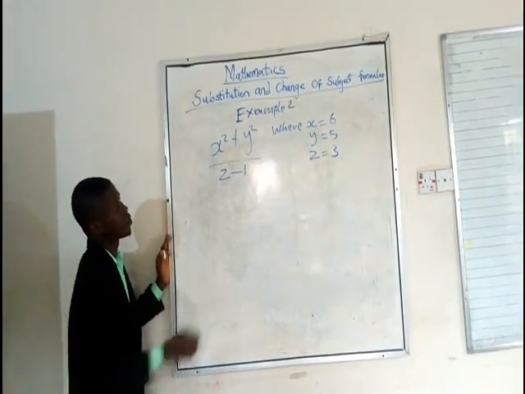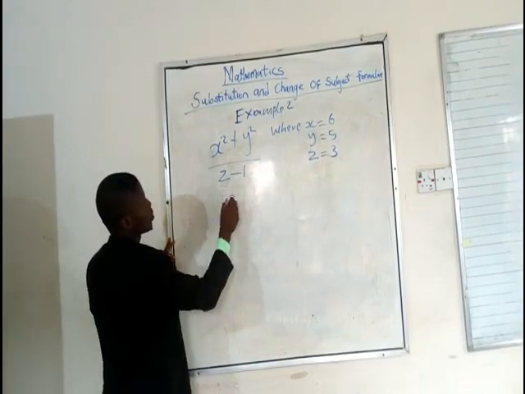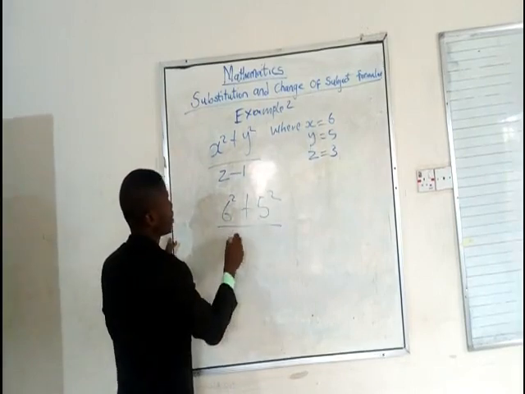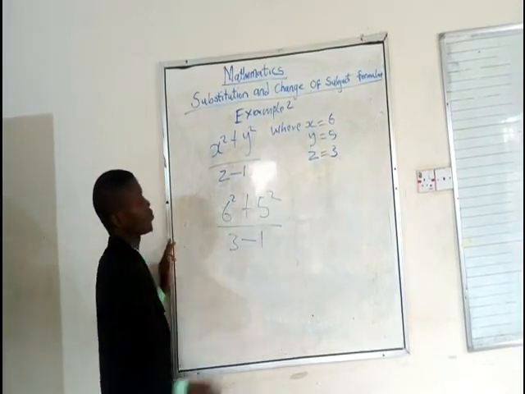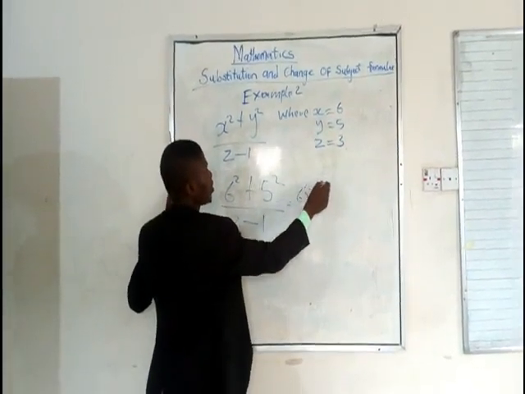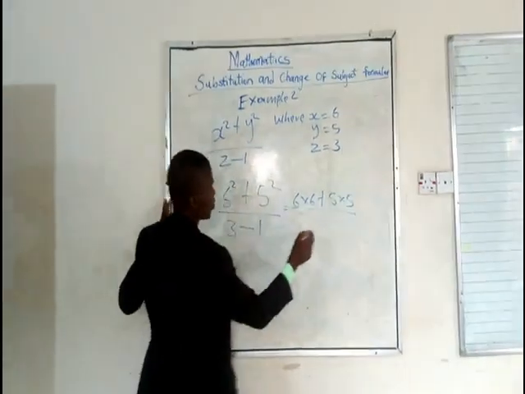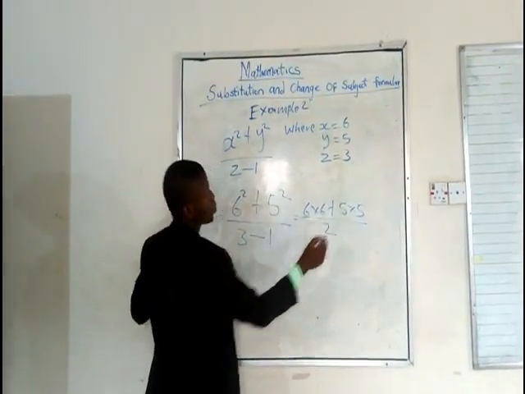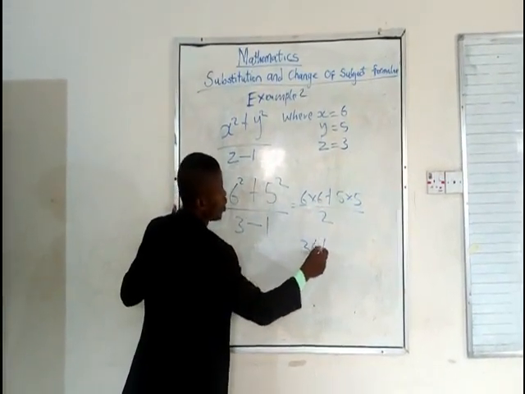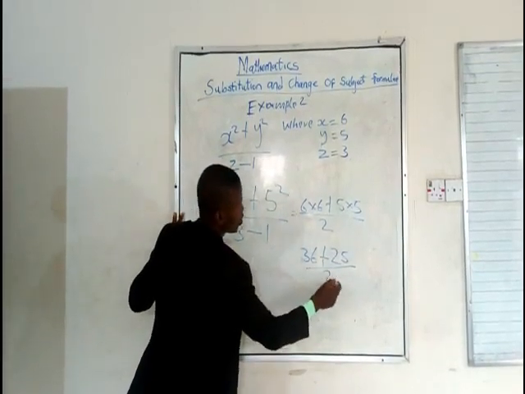Let's start. 6 squared plus 5 squared, all over 3 minus 1. 6 squared is the same thing as 6 times 6, plus 5 times 5, all over 3 minus 1, which is 2. 6 times 6 is 36, plus 5 times 5 is 25, all over 2.